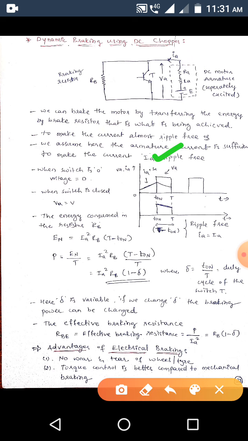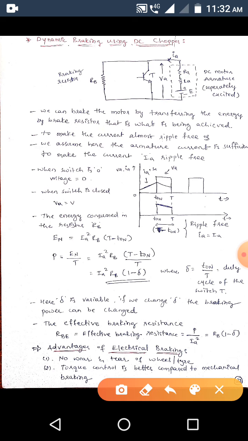Now we need to calculate the energy consumed in the resistor RB, because when the back EMF produces some voltage in the armature winding, that current will be flowing in the braking resistor also. So we need to calculate the energy consumption by the braking resistor.